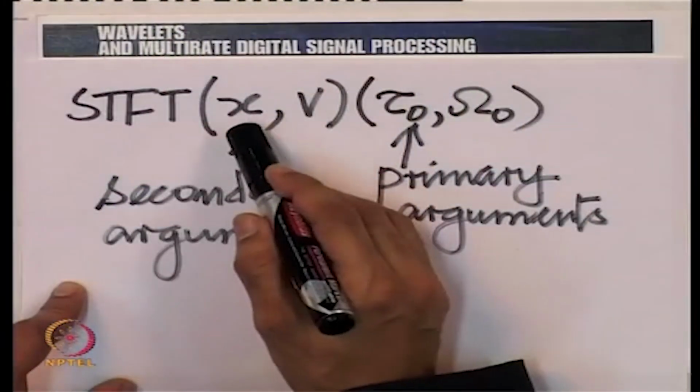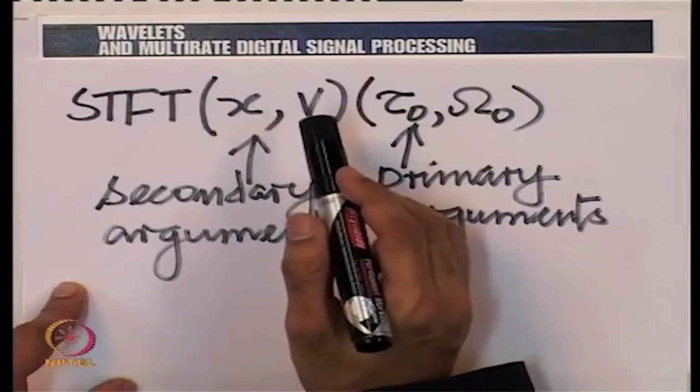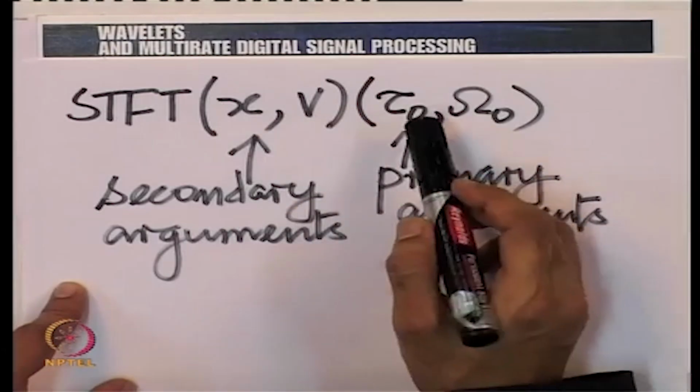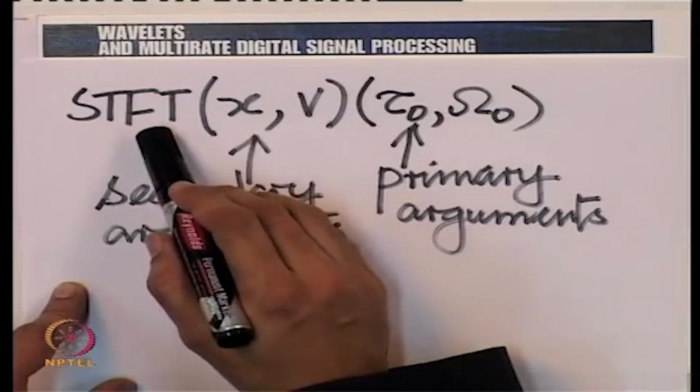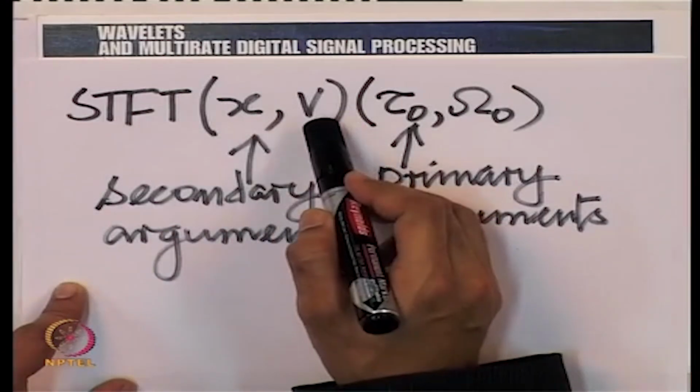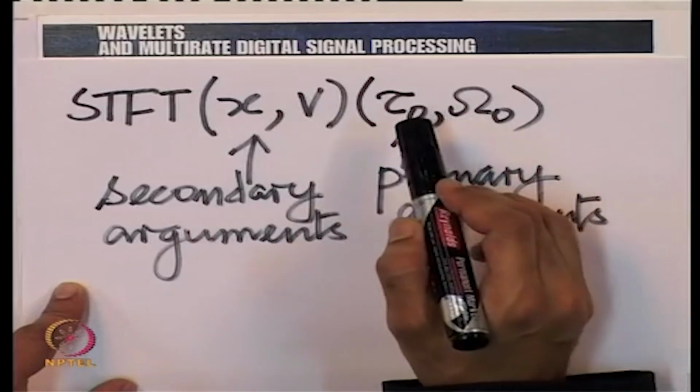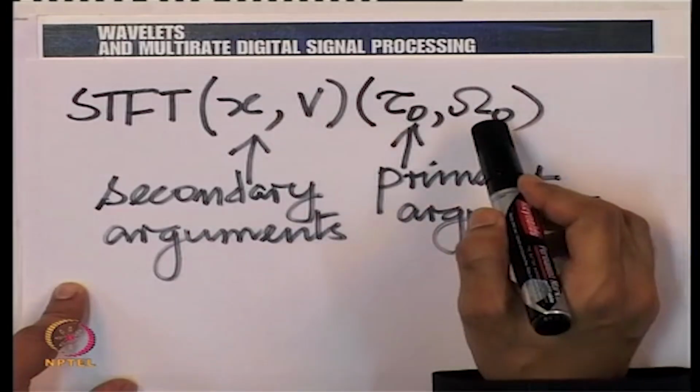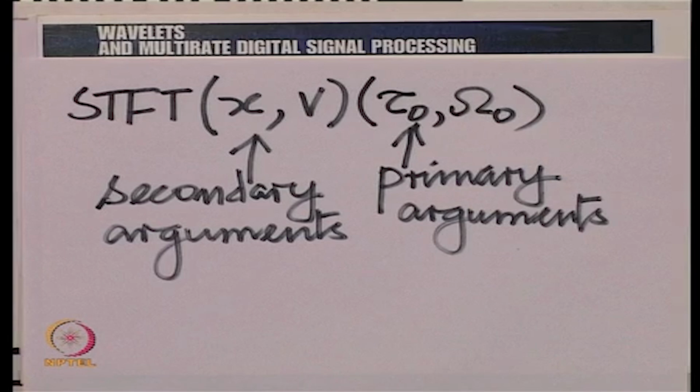So, with that little explanation, let us go back to the short time Fourier transform of x with respect to the window v evaluated. This is how we would read it. The short time Fourier transform of x with respect to the window v evaluated at the translation tau 0 and the modulation omega 0. Let us write that down. It would be essentially a dot product of the following.